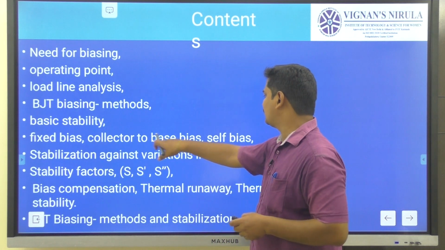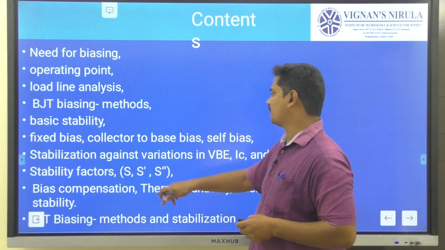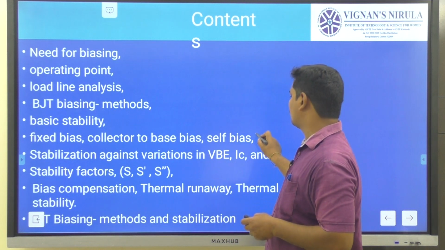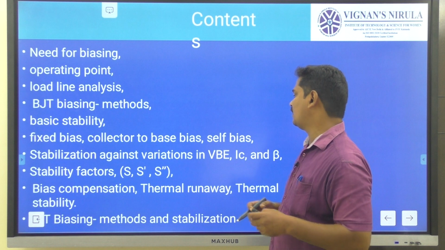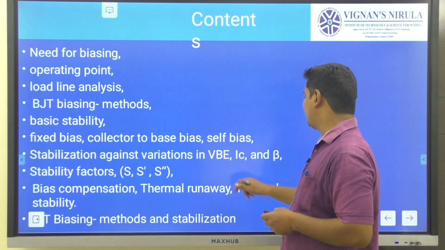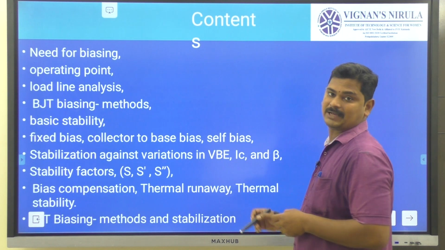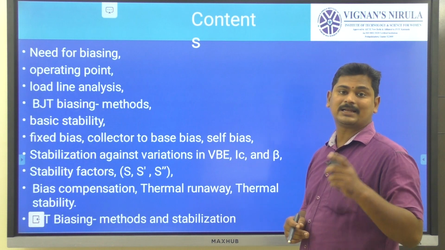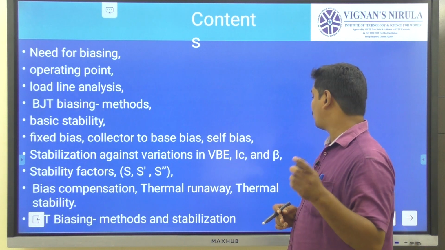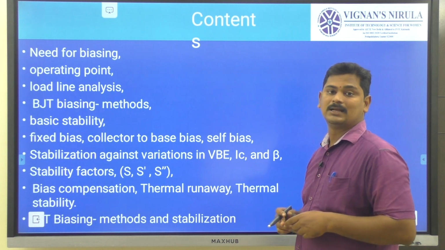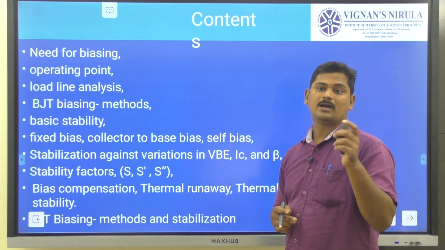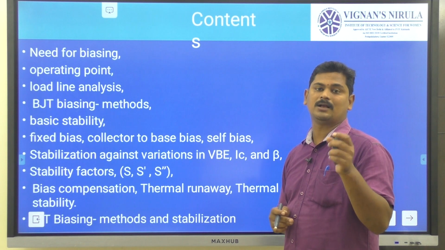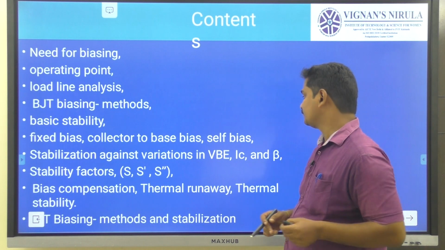These are the various biasing techniques: fixed bias and collector to base bias or self bias. Next is stabilization against variations in VBE, IC and beta. Here beta is the current gain in common emitter configuration, IC is the collector current, and VBE is the voltage across your base and emitter region, that is junction J1.